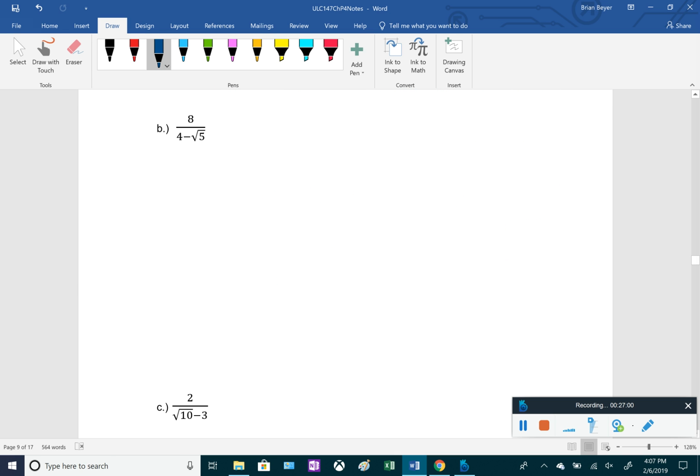So next one, we have 8 over 4 minus radical 5. The conjugate of 4 minus radical 5 is 4 plus radical 5. It's just as easy as changing the subtraction sign to an addition sign, or if it was addition, change it to a subtraction sign. So the numerator is 8 times 4 plus radical 5. Denominator is this whole chunk.